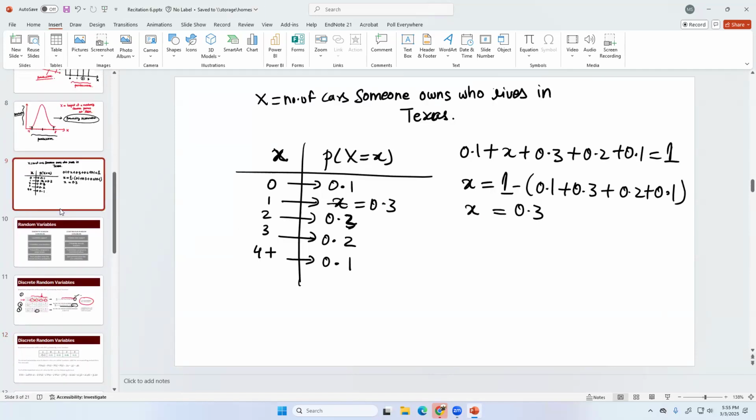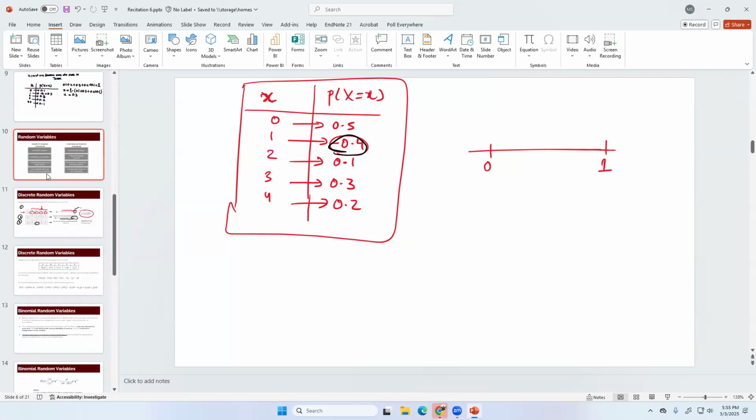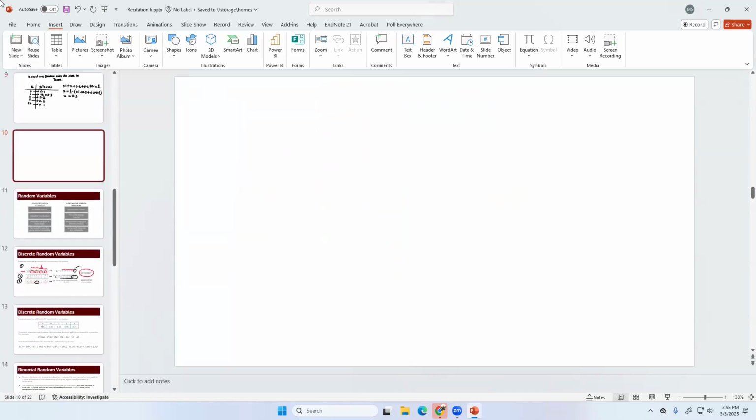Now, another type of question I might ask you is something like this. So let me do another example. Say X is the number of children someone is raising in Texas, in the US.